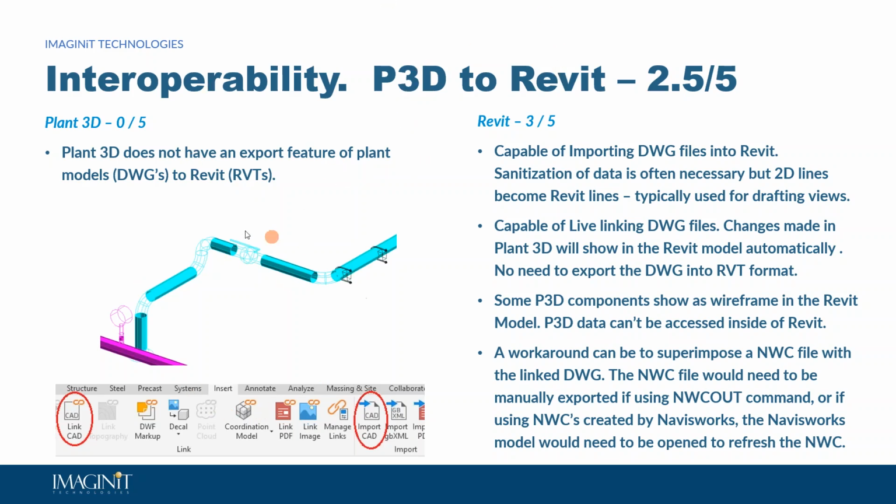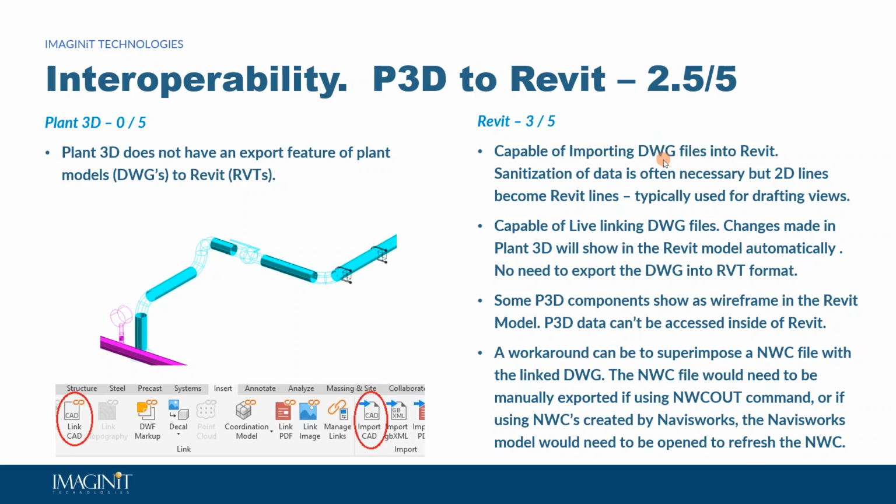So these images are actually inside of Revit. Revit, we gave it 3 out of 5, capable of importing DWG files into Revit. Sanitization of data is often necessary, but 2D lines become Revit lines, typically used for drafting views. So this is usually when you have a 2D detail and you have it in AutoCAD and you want to bring it to Revit, and you can import that DWG right away.